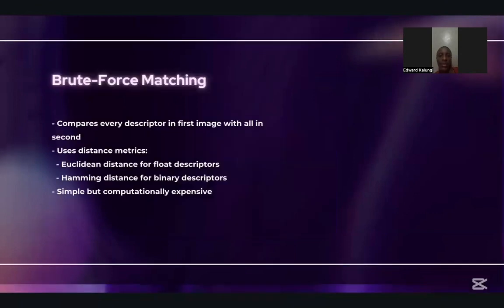The brute force matching method compares each descriptor in one image with every descriptor in the other image. A distance metric like the Euclidean distance for float descriptors like SIFT descriptors, or Hamming distance for binary descriptors like the ORB descriptor, is used to measure the similarity between the descriptors.